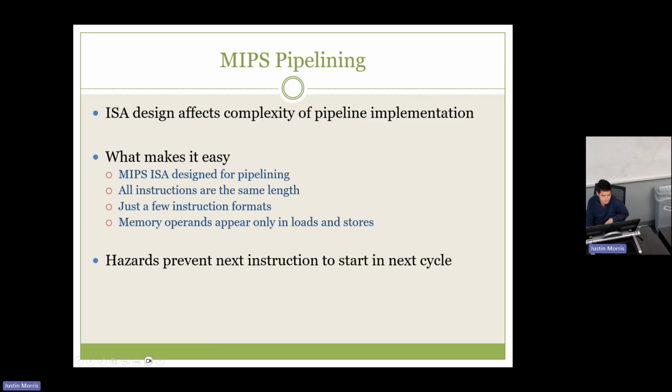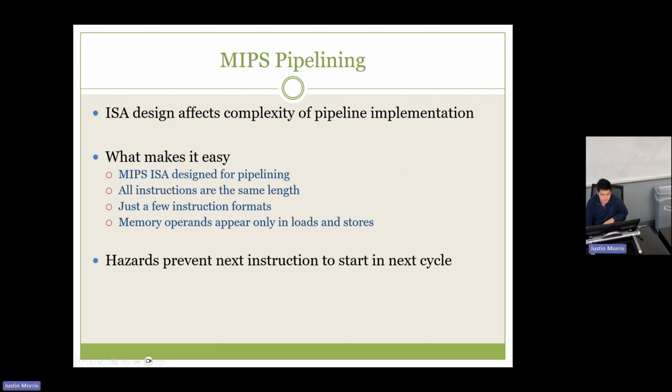Well, your ISAs can be designed with pipelining in mind, right? So MIPS is a RISC architecture, very simple architecture. And that is because it had pipelining in mind, and with very simple instructions, I get a very simple data path. It's very easy to split it up.